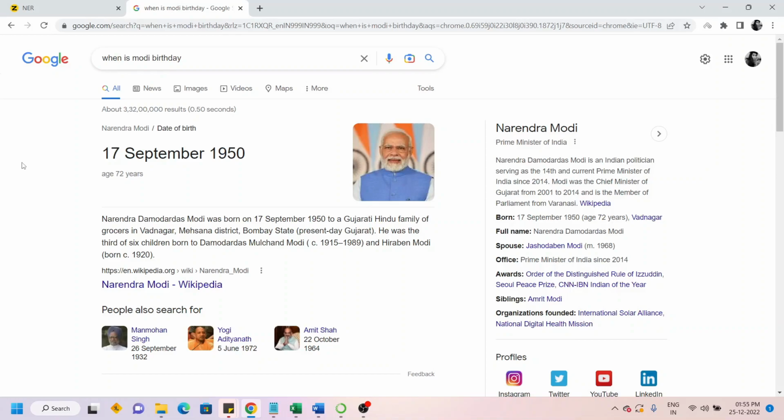So it knows which person is represented by Modi and that birthday means date of birth. So it has clearly shown us the date of birth for Narendra Modi. Here in the search, named entities like Modi and birthday are used, and using these it is able to recognize the exact answer that we wanted.